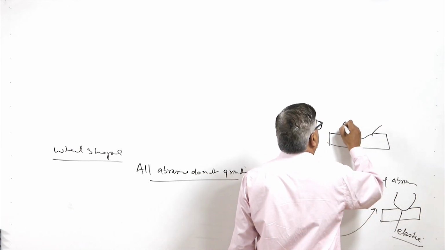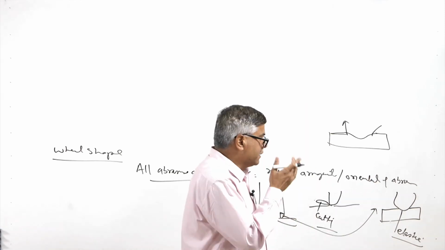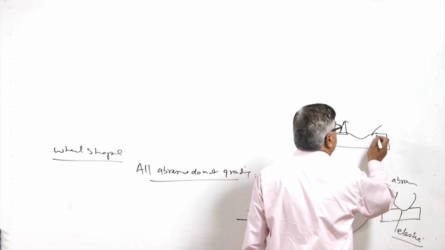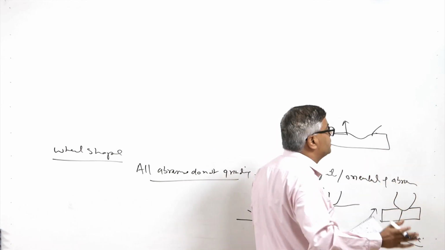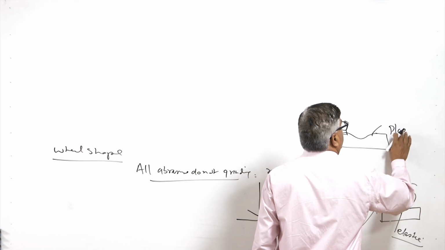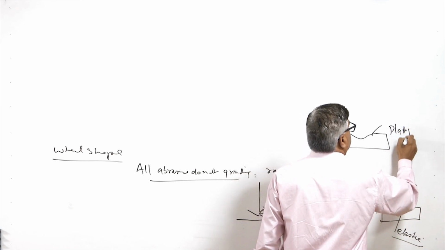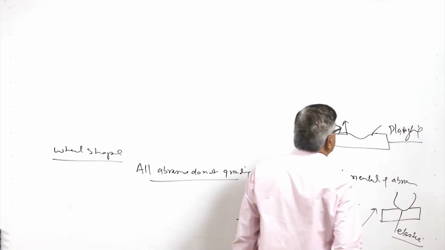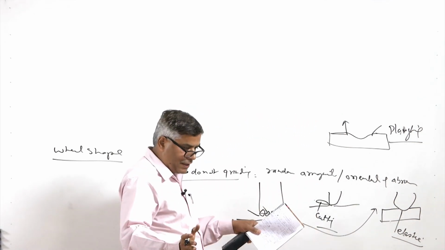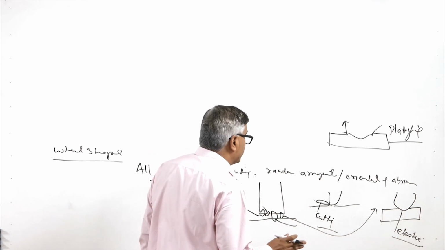So, plastic deformation at the location where the abrasive has passed through the surface of the workpiece will be displacing the material sidewise. This is known as ploughing.